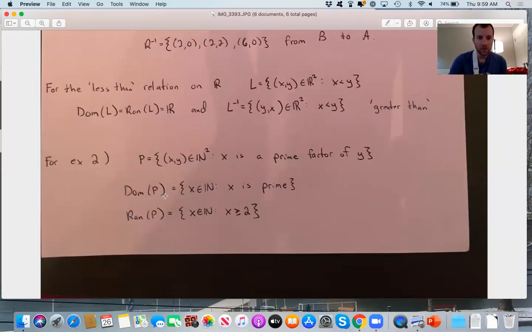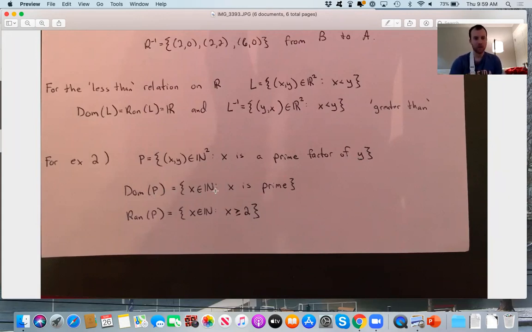So the domain in this case is all prime numbers. And if you were to write down a careful proof of this, there would be really two halves to prove. You'd have to say, if you're in the domain, you are prime. So the domain is a subset of this set. That would be something like, if you're in the domain, you are the prime factor of some number, which means you have to be prime.